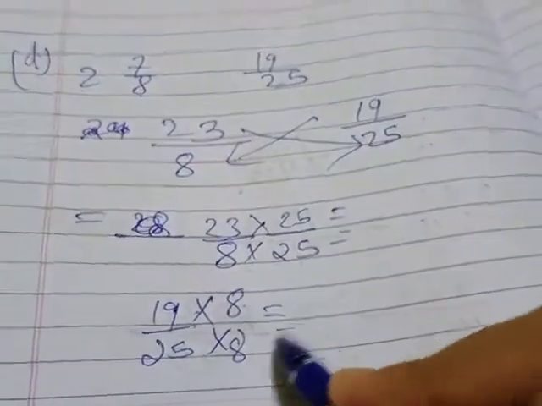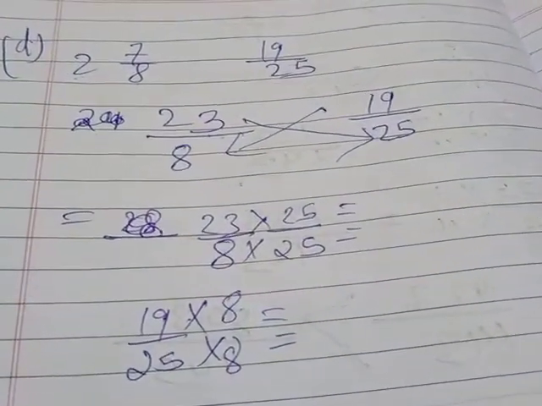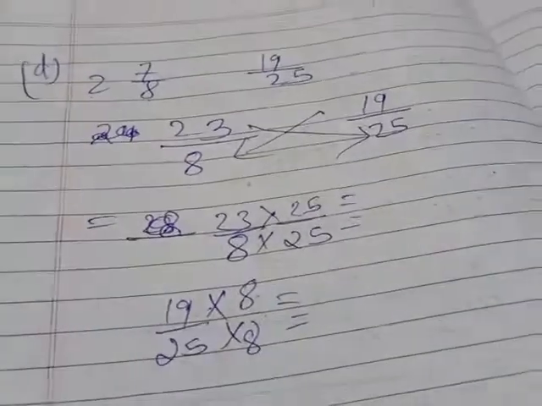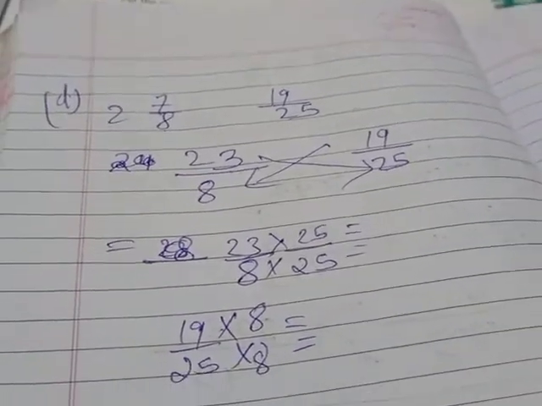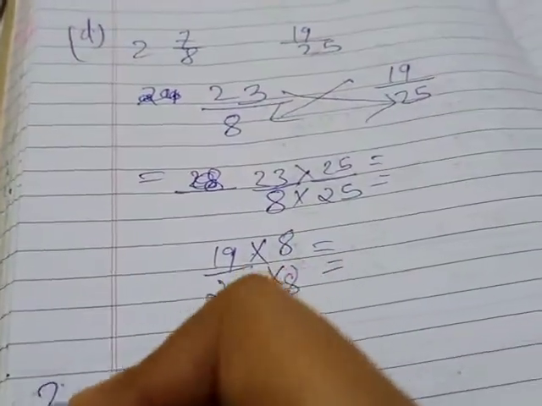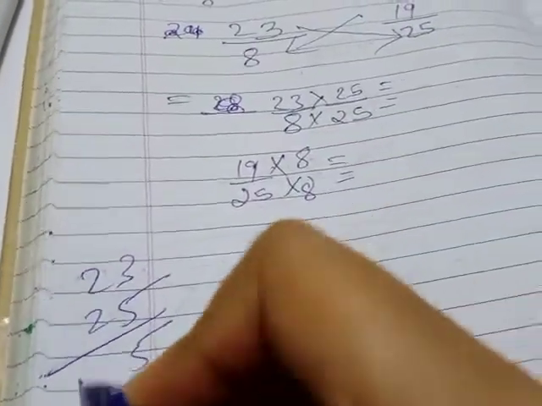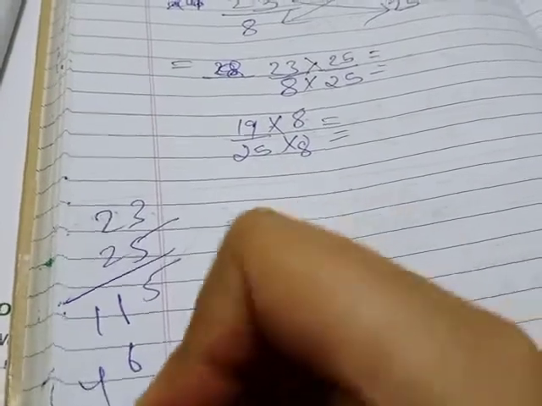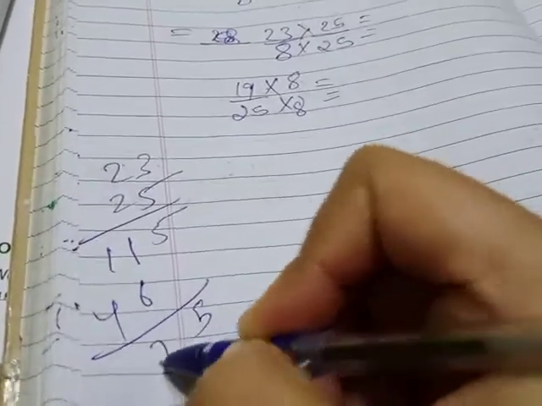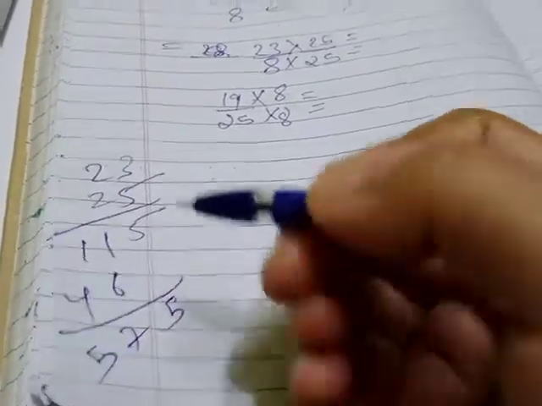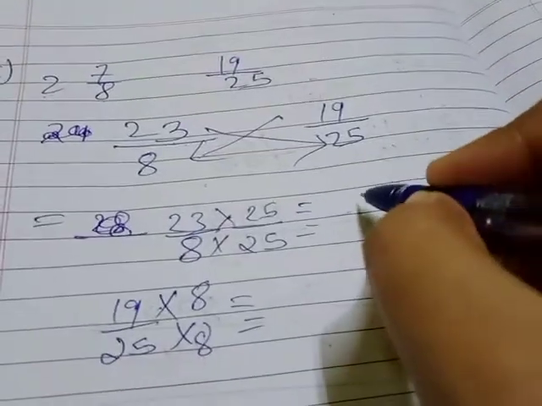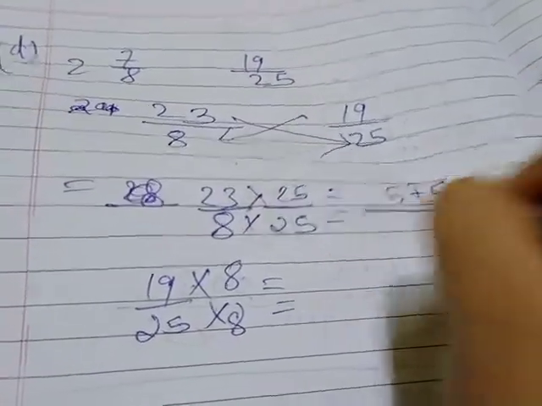I am following cross multiplication here because that is easier, I guess. Or if you know the LCM method properly, you can do that method also, no problem. 23 into 25 in rough I will do. 5 threes are 15, 1 carry, 2 threes are 6, 7, 2 twos are 4, 5 7 5. Clear? So it will come here 575.